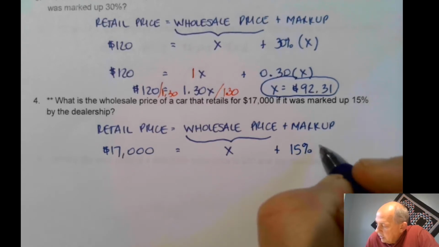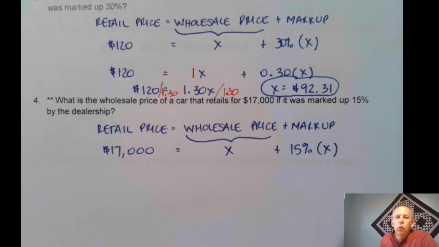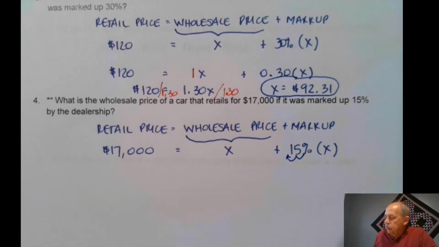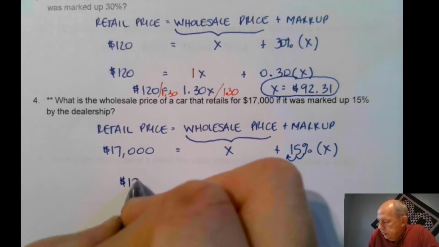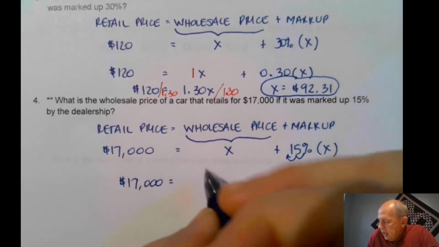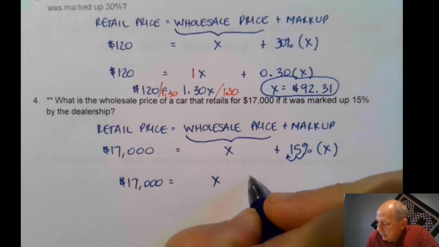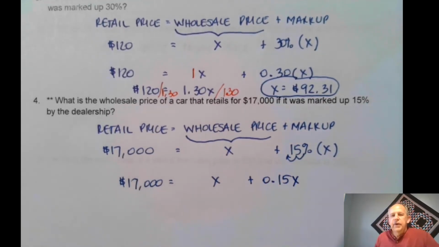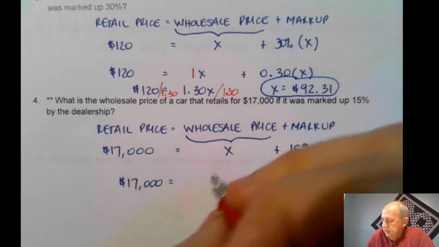We're trying to figure out what the dealer paid before they marked it up 15% of the wholesale price. So I'm going to move the decimal over 2 places. I would have 17,000 is going to equal X plus 0.15 times X.